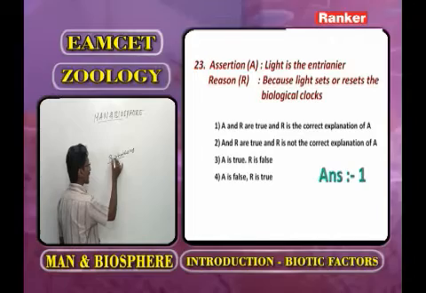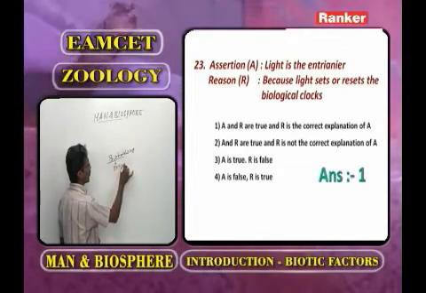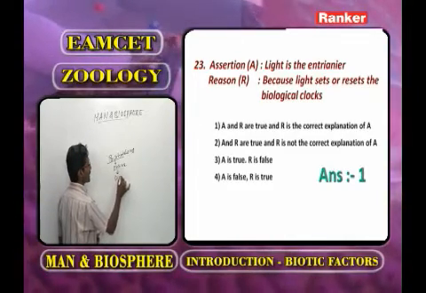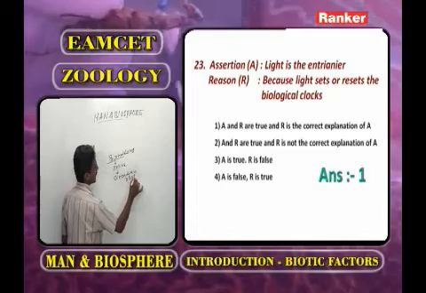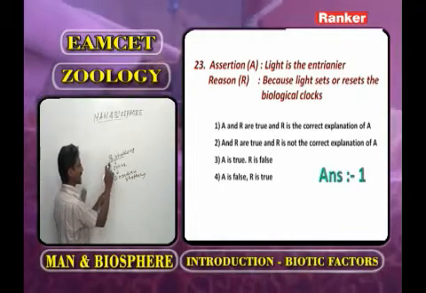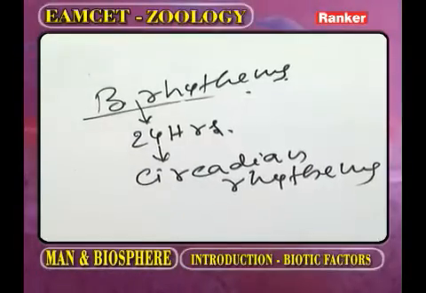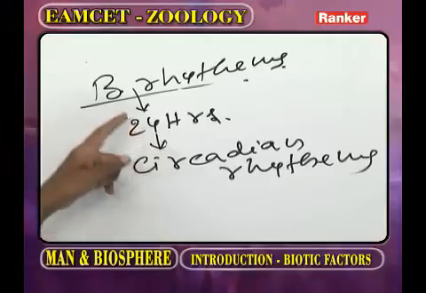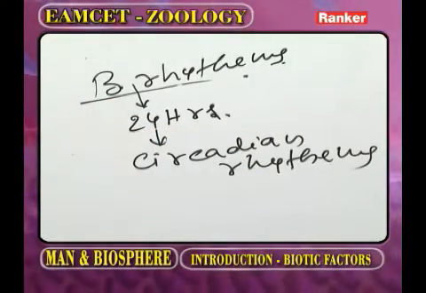If biological rhythms are associated with 24 hours of a day, that we call circadian rhythms. All circadian rhythms are biological rhythms, but all biological rhythms are not circadian rhythms, because circadian rhythms are biological rhythms associated with 24 hours of the day.